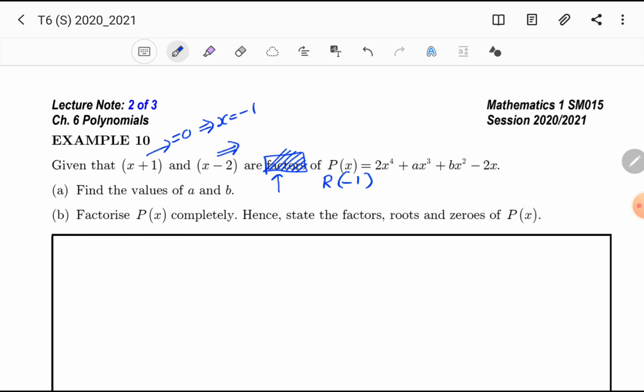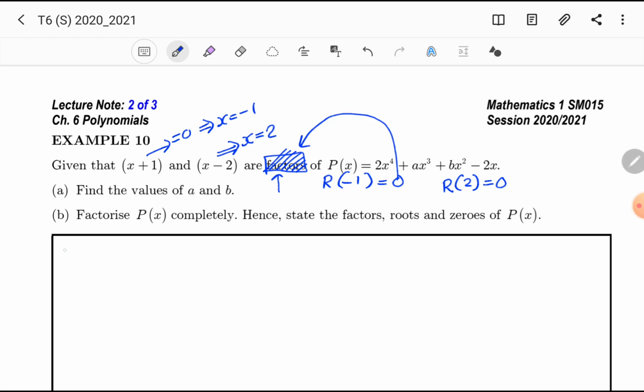And from here, x equals 2. Okay. So, yang ni dia bagi x plus 1. So, R of negative 1 equals 0. Kenapa 0? Sebab dia adalah factor. And another one is R of 2 equals 0. Ada dua information yang kita boleh dapat.